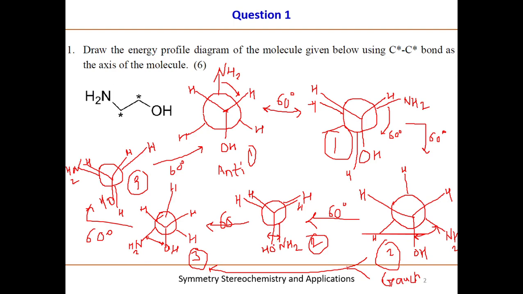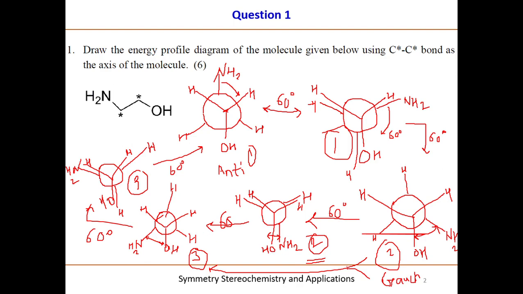So here the repulsion is more compared to the first eclipsed form. Because NH2 and OH have lone pairs, lone pair repulsion and angle strain are high here, that means the energy will become high and stability will become low. Higher the energy, lower the stability. So this will become less stable, because the NH2 group and OH group have bond pair repulsion and lone pair repulsion as well.